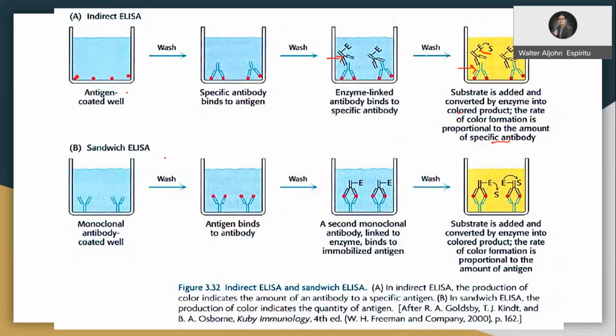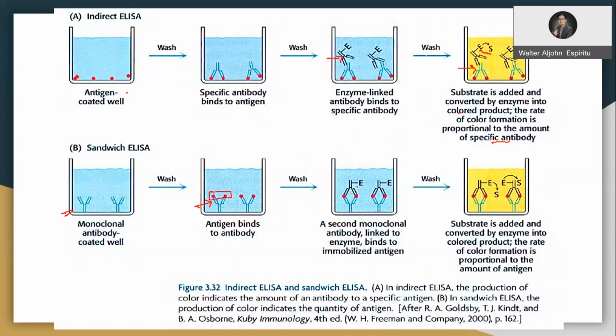In letter B, this is the sandwich ELISA, which is similar to a sandwich. First, your well is coated with a monoclonal antibody. So you start with an antibody here. Now you add a sample or mixture containing the antigen. If the specific antigen that is detected by the first or primary antibody is there, it will bind, creating the complex right there.